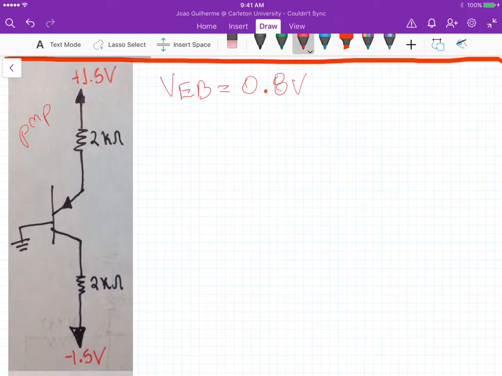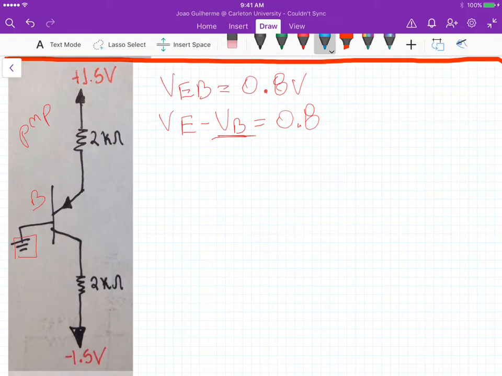So in this case, VE minus VB is equal to 0.8. And if we look at the circuit again, here at the base, we are grounded, so this voltage here we know, VB. So let me use another color.